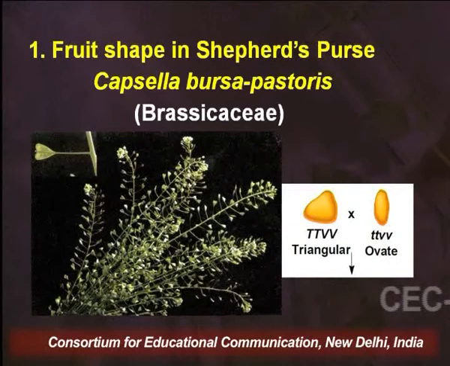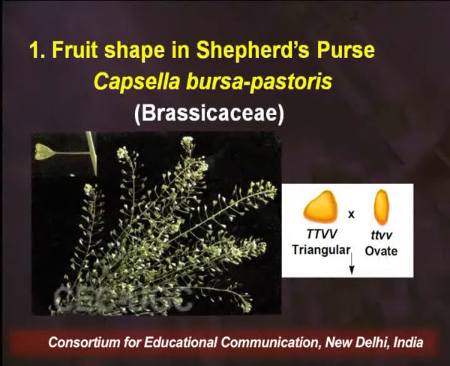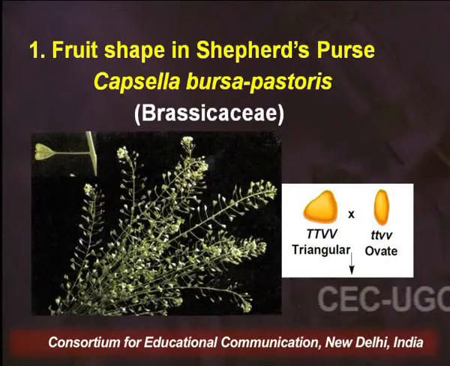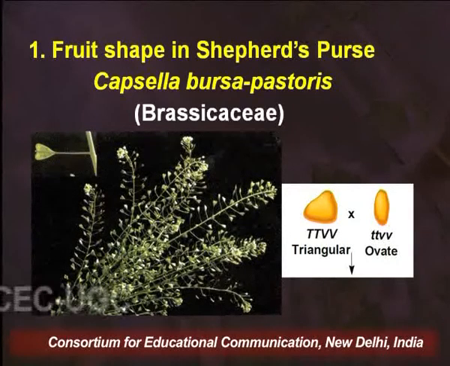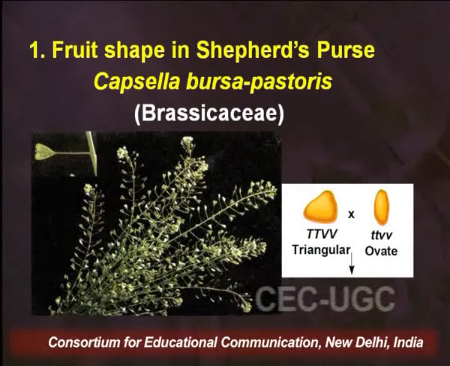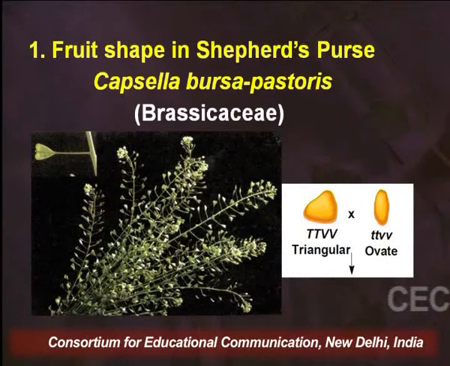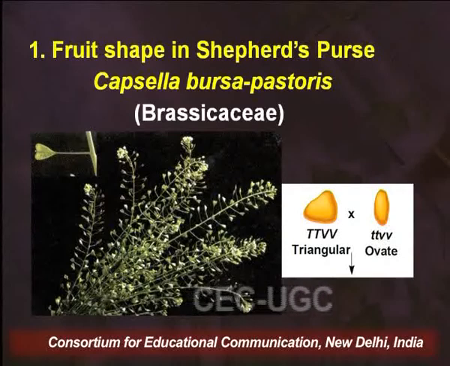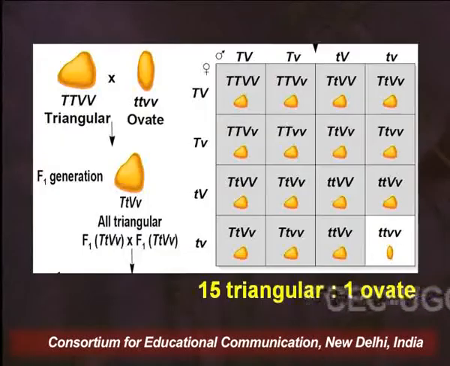The fruits are either triangular or ovate, and the genotype that we have given is capital T and capital V if they are together. You remember, I have just shown you two of these situations because these two morphologies are present, and the ovate morphology is resorted to only when it is a case of double homozygous recessive.